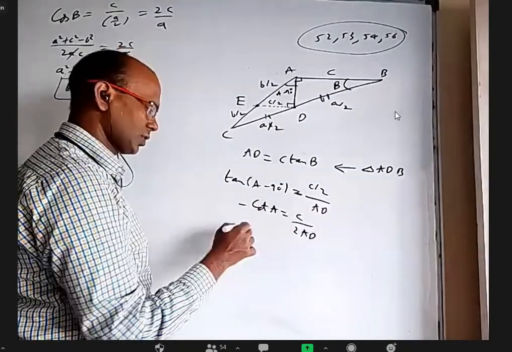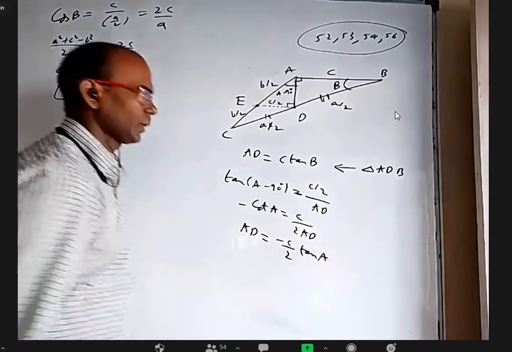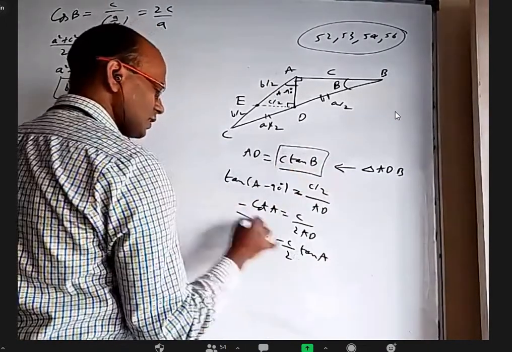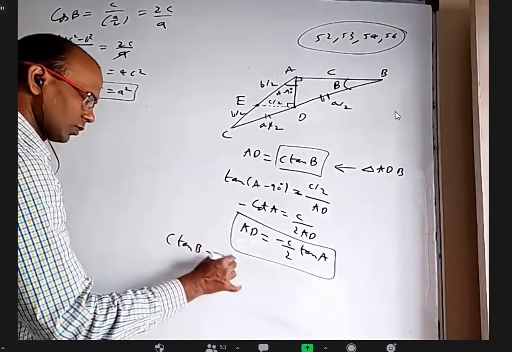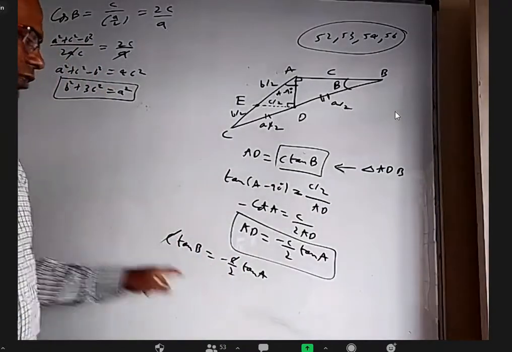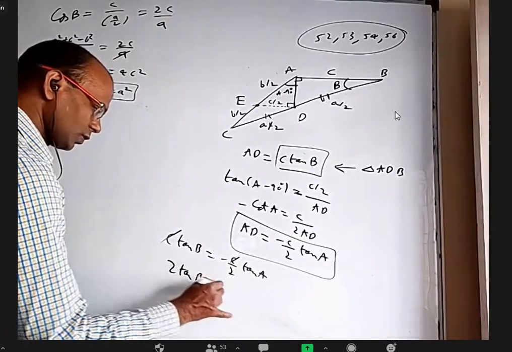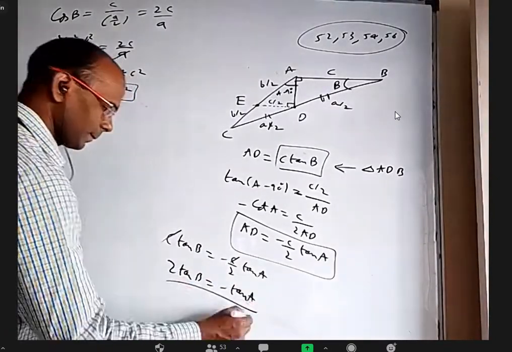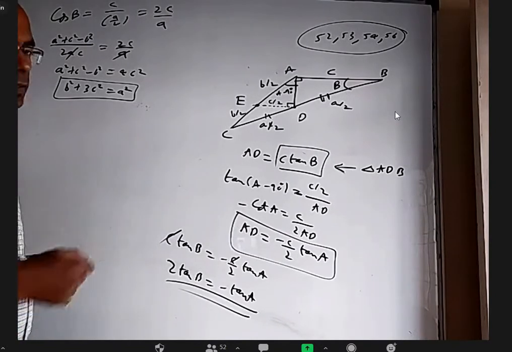Bring AD here, cot to this side: AD is equal to minus c by 2 tan A. This AD and this AD should be equated. c tan B is equal to minus c by 2 tan A. c and c will cancel. Again, you get tan A plus 2 tan B is 0. So there's another way to write the same thing. You can write this method too if you want.